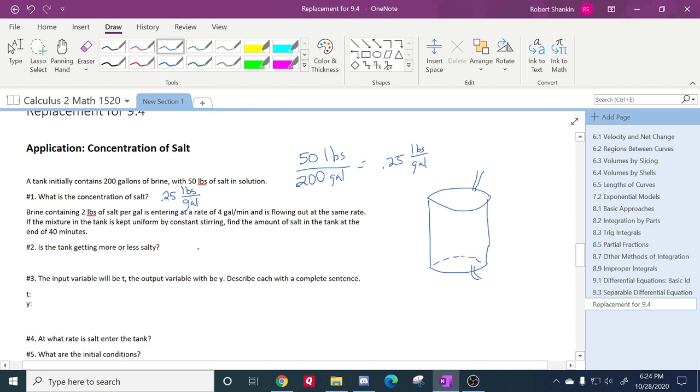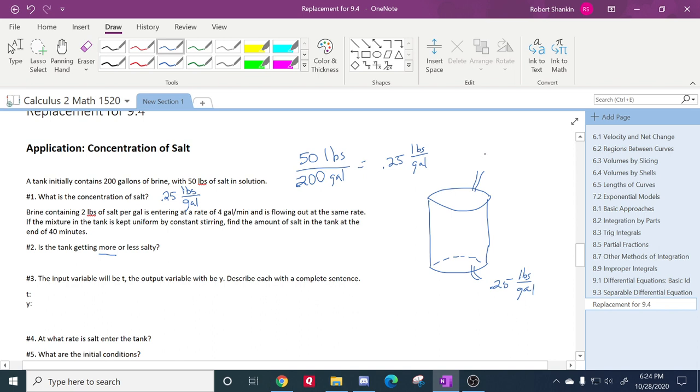I think that the tank's getting more salty because the salt water that's getting put in is a higher concentration than what's coming out. What's coming out initially is 0.25 pounds per gallon, but what's going in initially is how much?